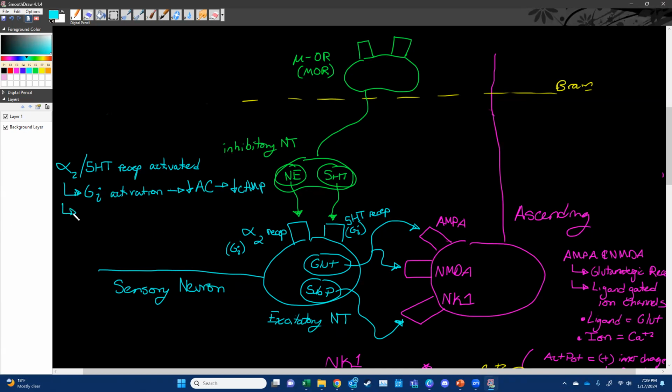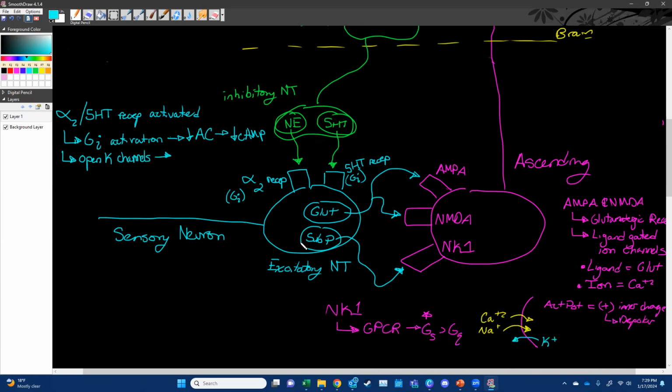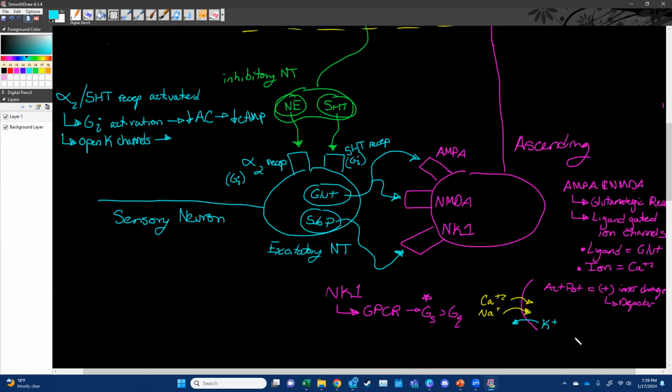The other effect is that we open potassium channels. Based on what we talked about earlier, we know that opening potassium channels is going to polarize the cell, right?